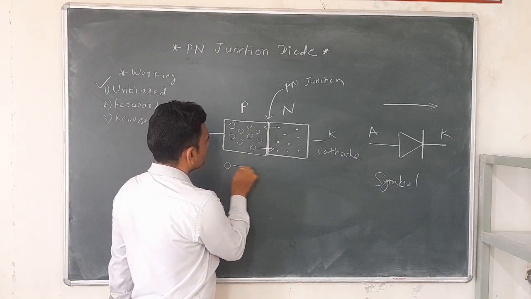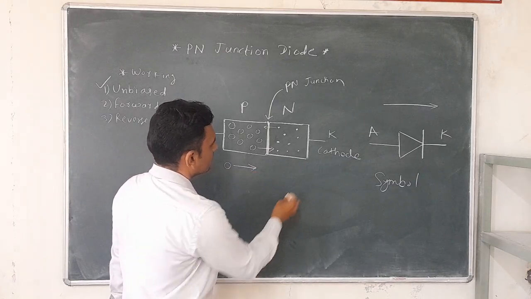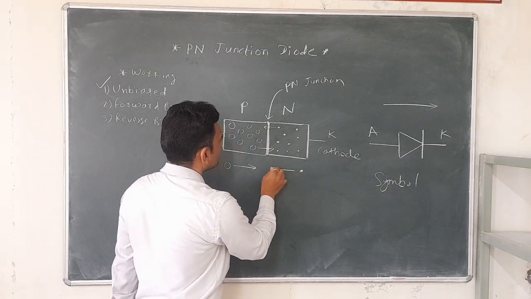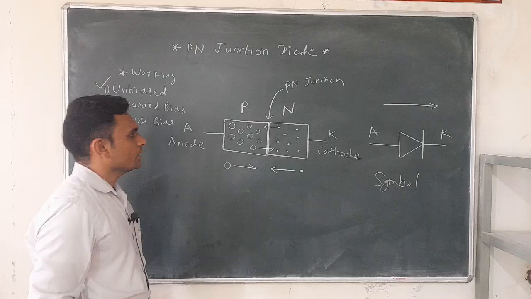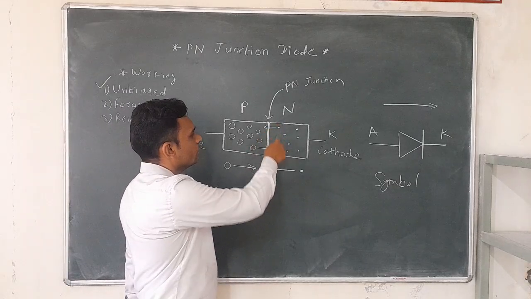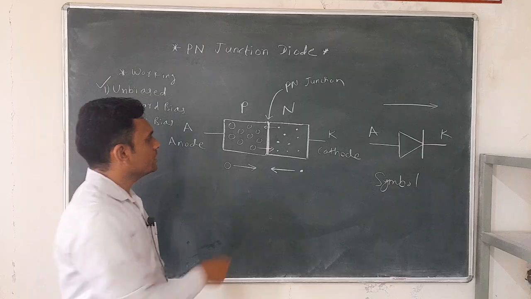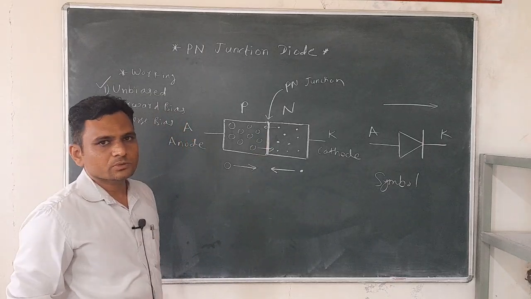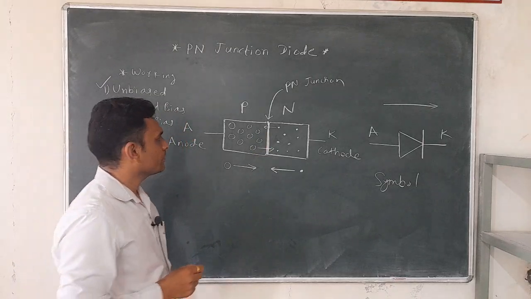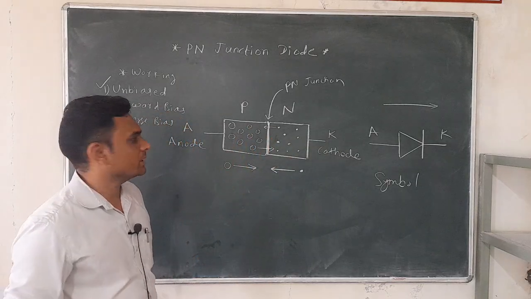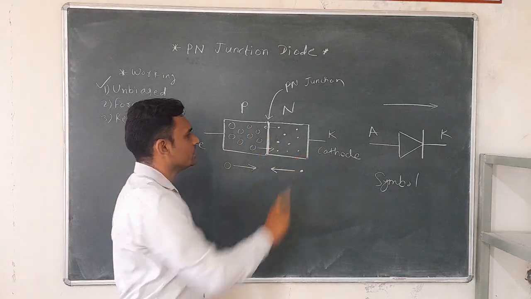So holes move towards the n layer and electrons move towards the p layer. This movement of charge carriers is called the diffusion process. Because of diffusion, charge carriers move from high concentration region to low concentration region, even if external voltage is 0.